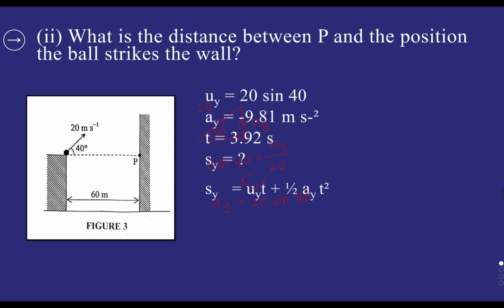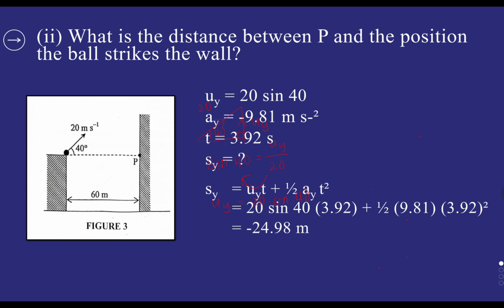So to find Sy, we just need to sub the values inside, which is 20 sine 40 times 3.92 plus half times negative 9.81 times 3.92 squared. And we get the answer, negative 24.98 meters. But the question wants us to find the distance. So our final answer will be 24.98 meters by removing the negative.